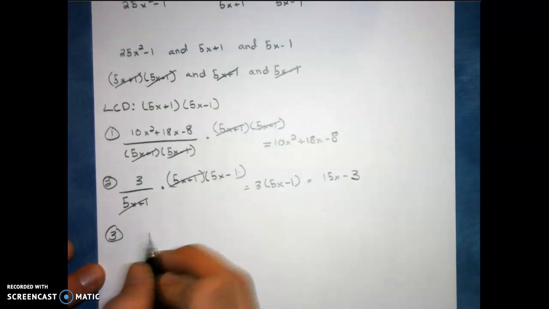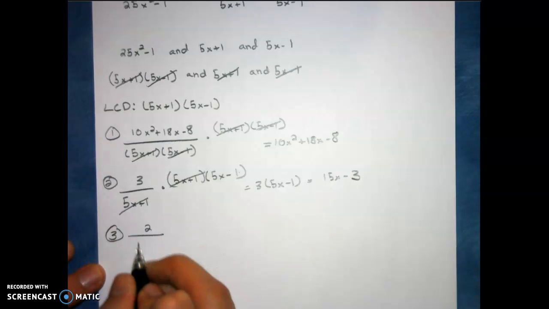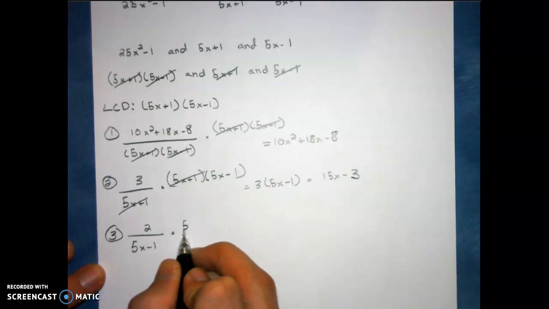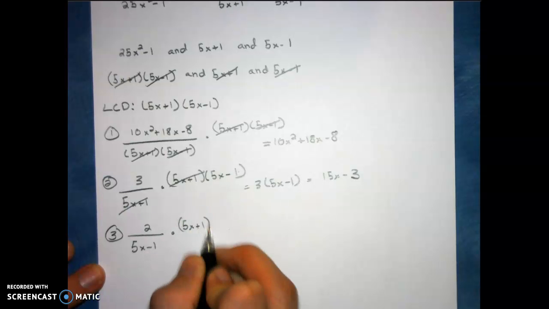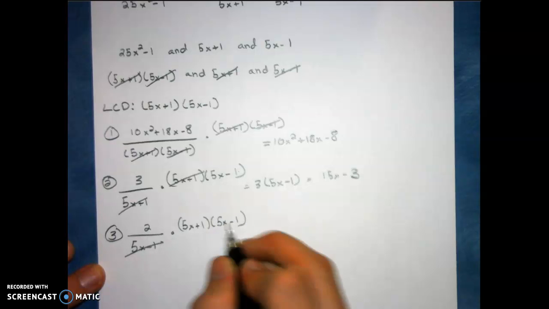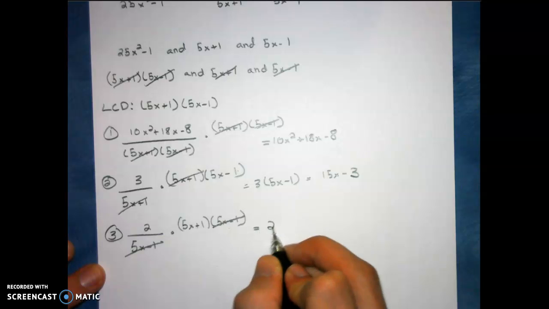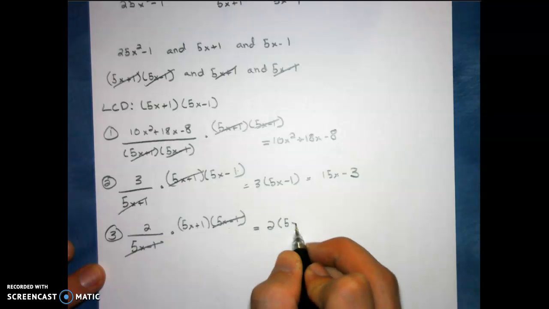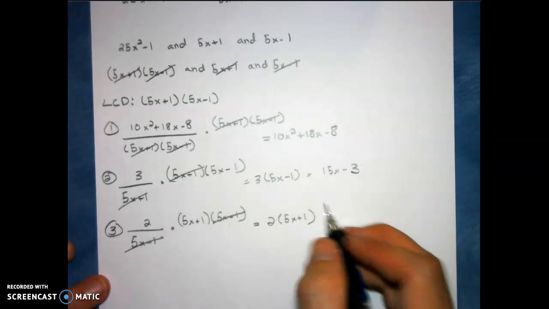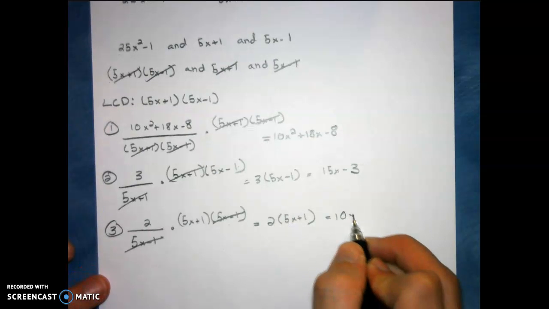All right, number 3, we have 2 over 5x minus 1 multiplied by our LCD, 5x minus 1. Cancel here. We're left with 2 times 5x plus 1. Distribute that 2. We get 10x plus 2.